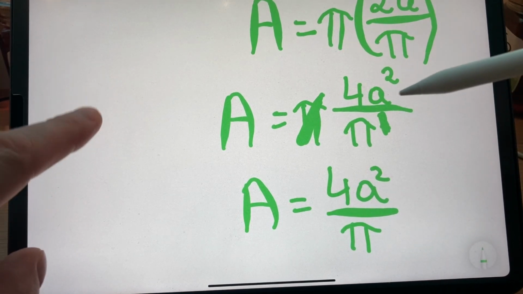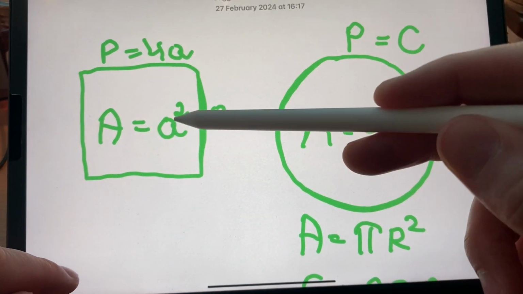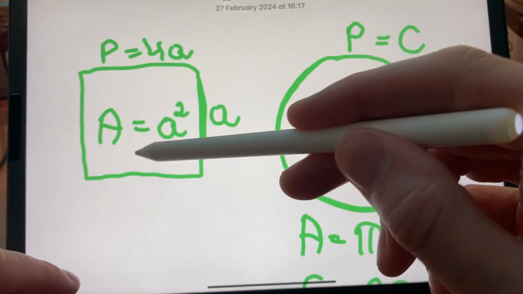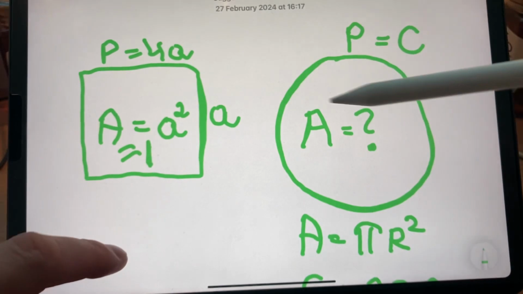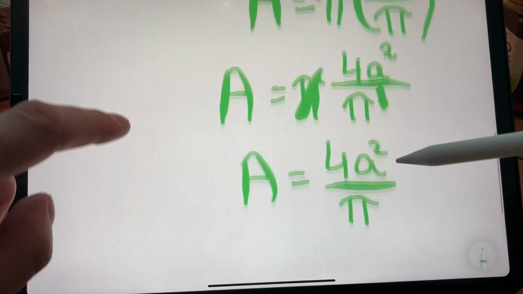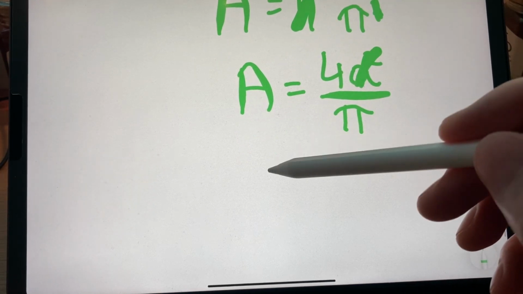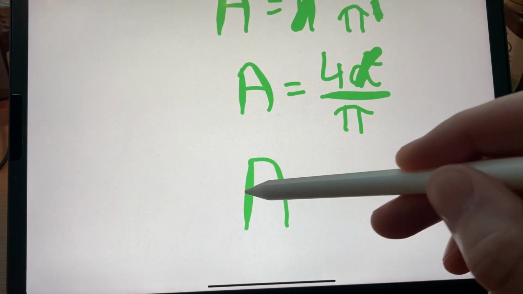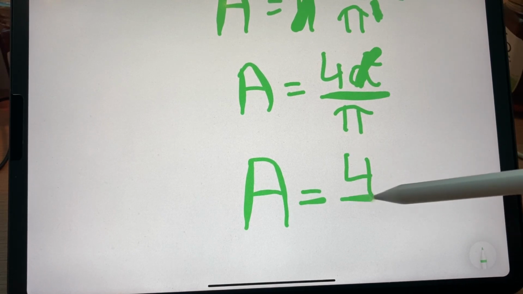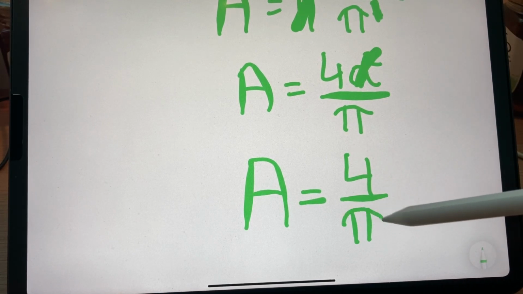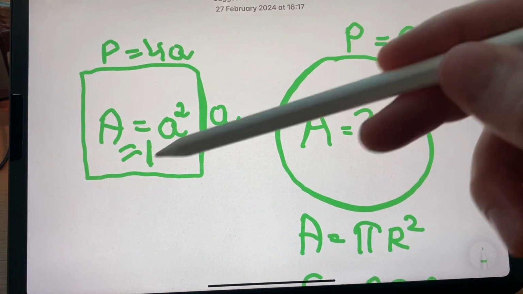Now if we go up here, remember the area of the square was a squared, and if we accept that this equals 1 unit, then the a squared in this formula can disappear. So that means we already have the answer. The area of the circle equals 4 divided by pi, in comparison to the area of the square.